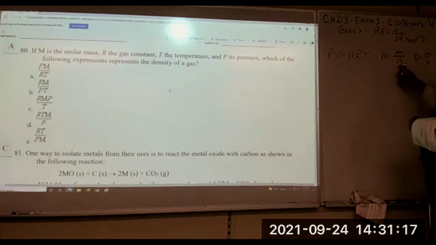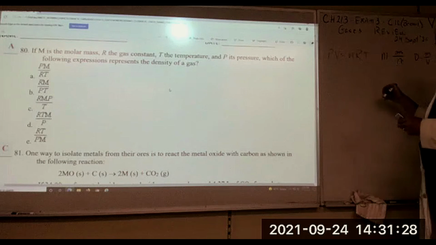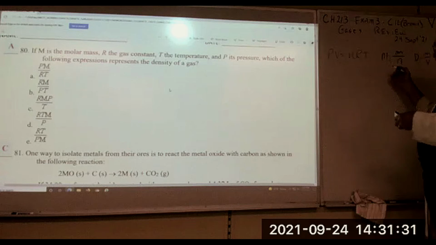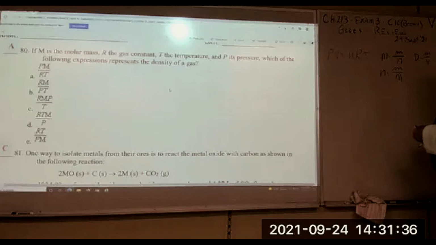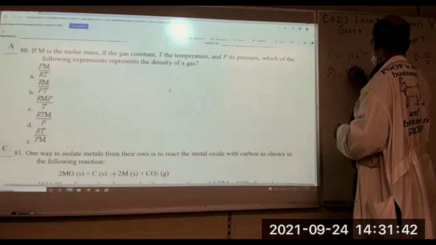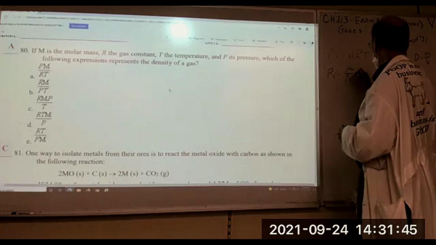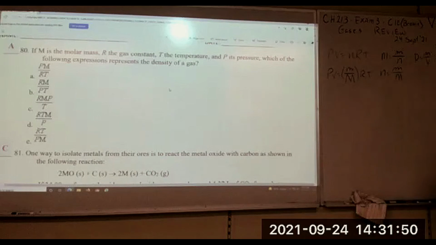What if we solve it for n, because n is right here. There are no other common values in here to that expression, so we have to solve for n to put these two together. So n equals mass divided by molar mass. Right. So now if we plug that in here, that's PV equals mass divided by molar mass times RT. Okay. Now, what about density? We need to get density in there somehow.